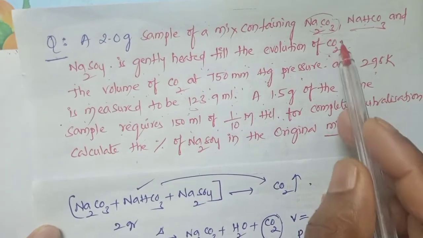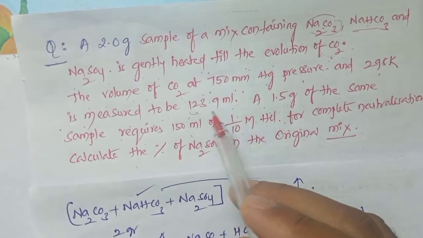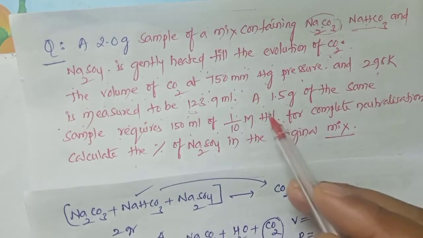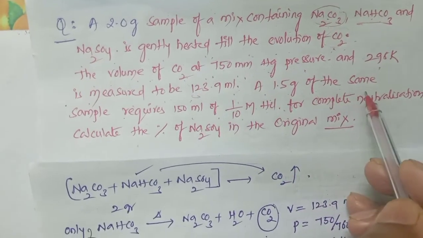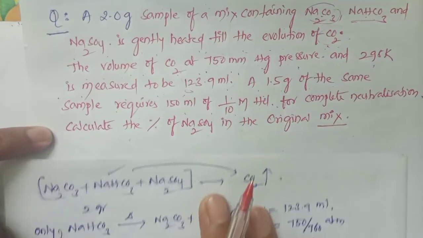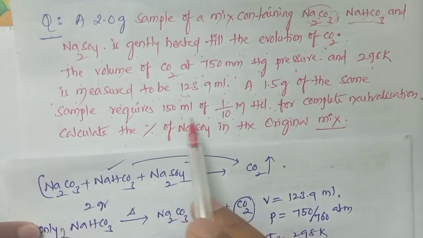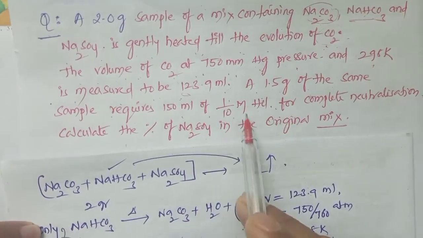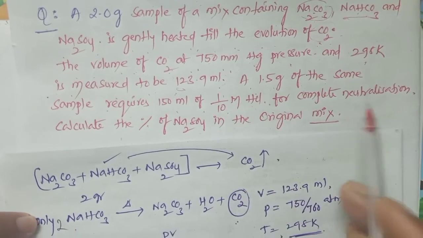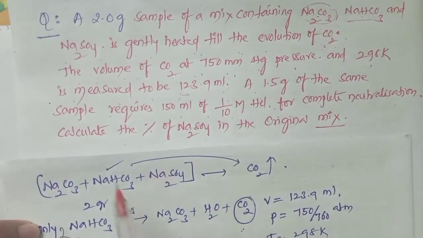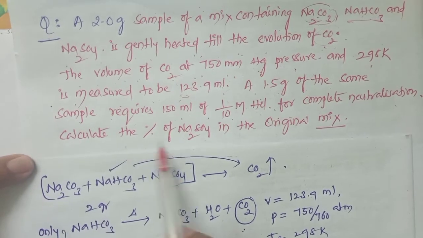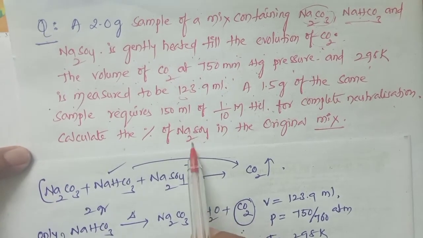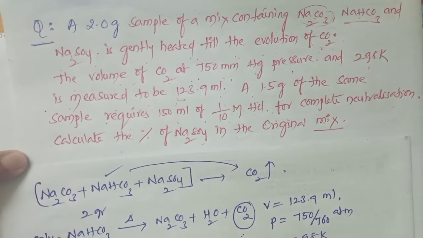Next, a 1.5 gram sample of the same mixture requires 150 ml of 1/10 M HCl for complete neutralization. Then calculate the percentage of Na2SO4 in the original mixture.